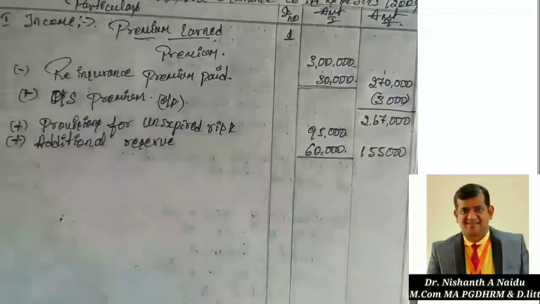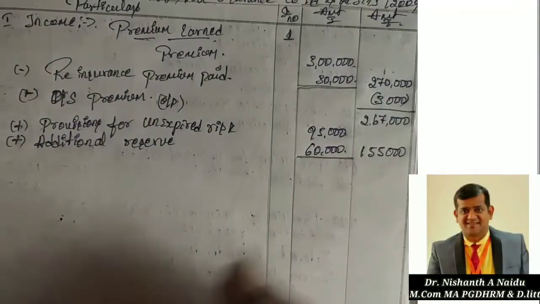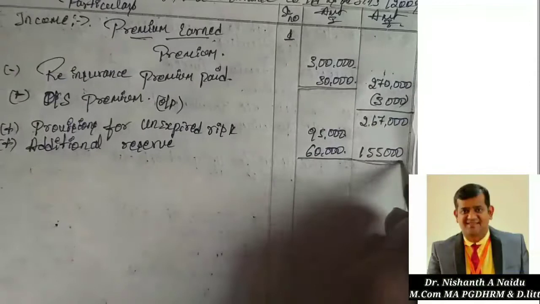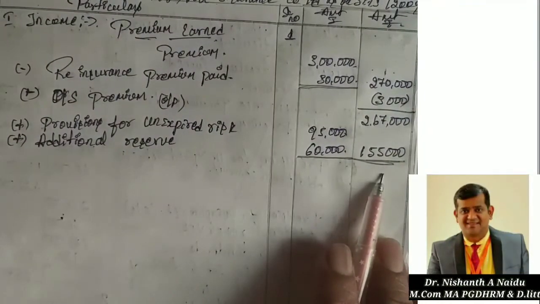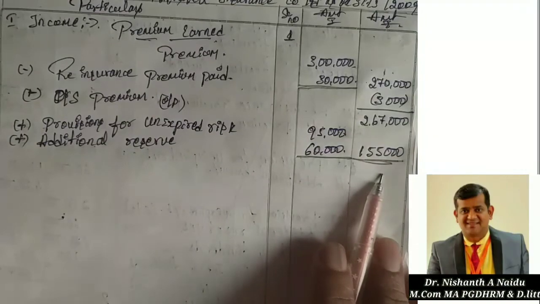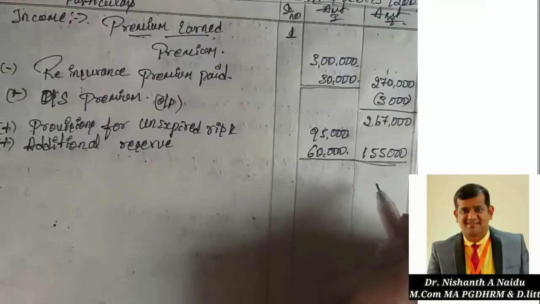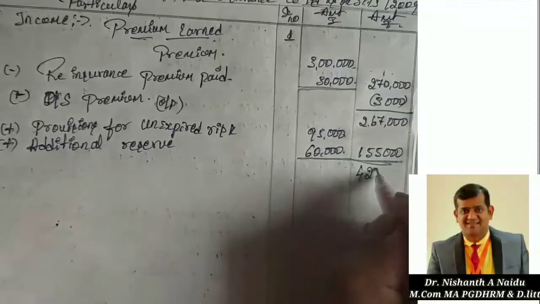1,55,000 rupees. Okay, so now add this and check how much you are going to get. That is 2,67,000 plus 1,55,000. So that comes to 4,22,000 rupees.